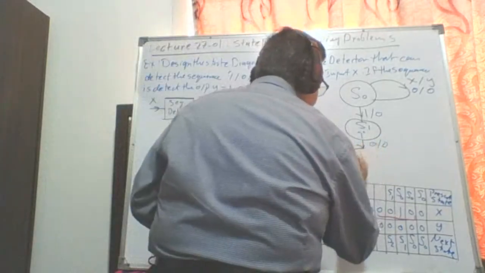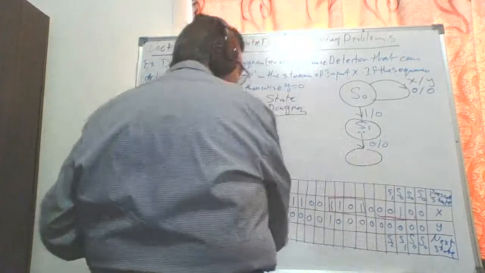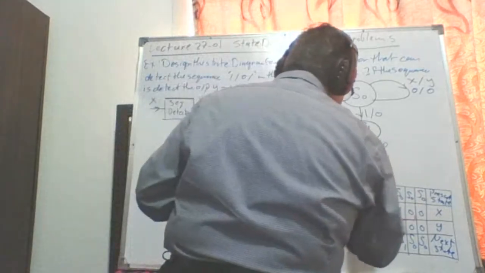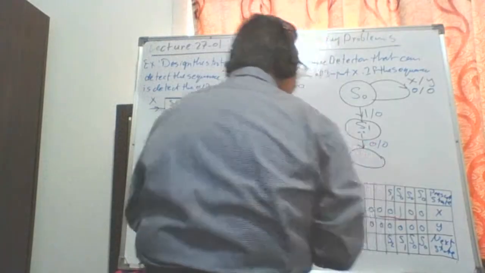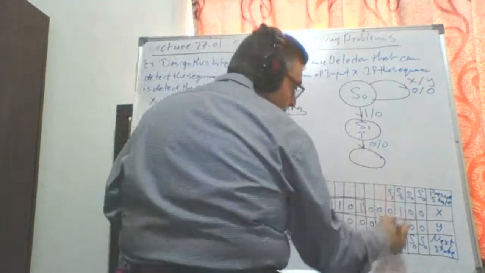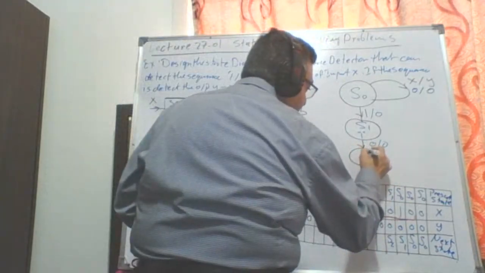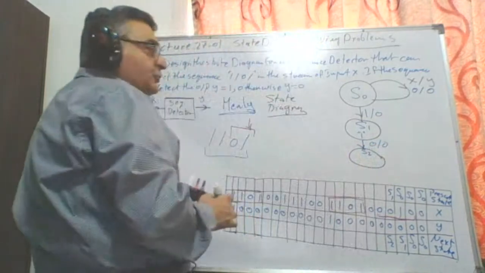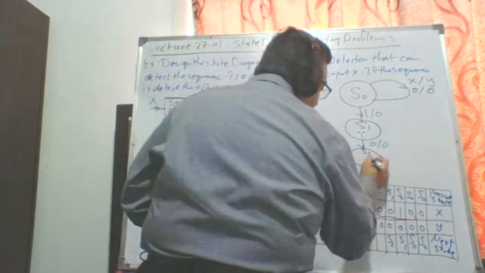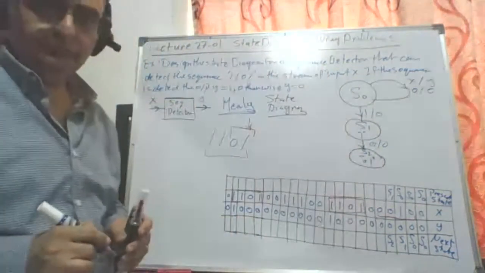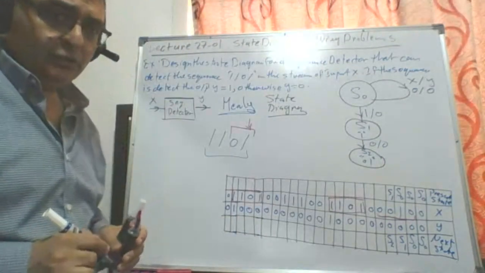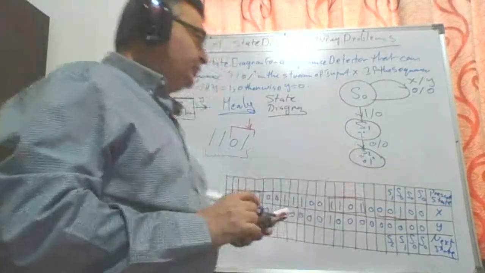I'm trying to make it as clear as possible. Okay, so now I change my state to state S2, which indicates that right now I remember 1 and 0. I remember 1 and 0. And this is the state called S2.